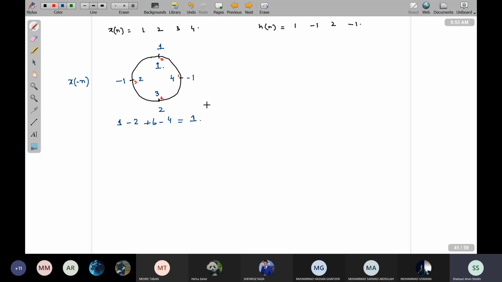अगला सैंपल अगर लेना है तो मैं क्या करूंगा? I will be dragging, so I will be making x of 1 minus n. x of 1 minus n क्या होगा? I will be clockwise डायरेक्शन में मूव करूंगा. y को आप उसी तरह से रहने दीजिए, which is 1, -1, 2, -1. अब मैं क्लॉकवाइज आ रहा हूँ.